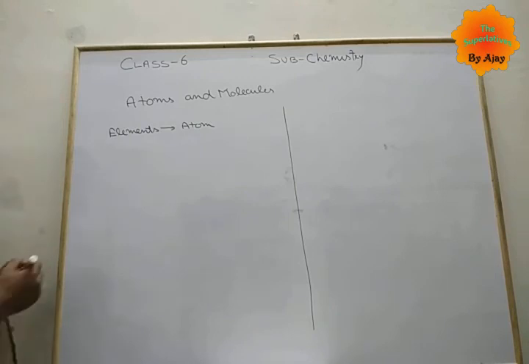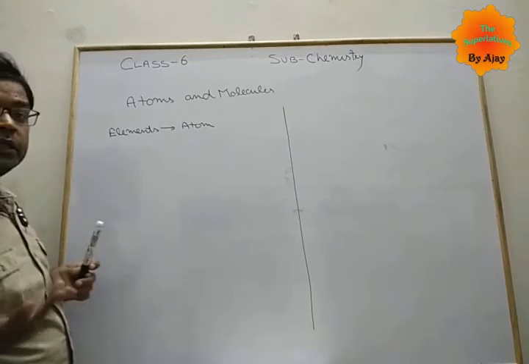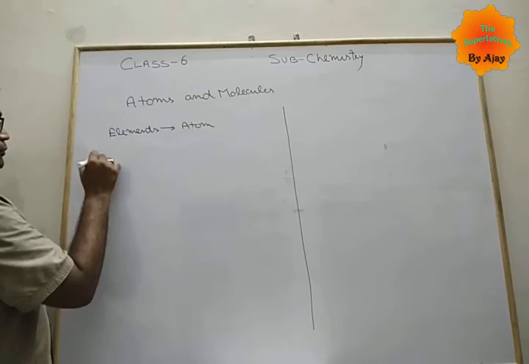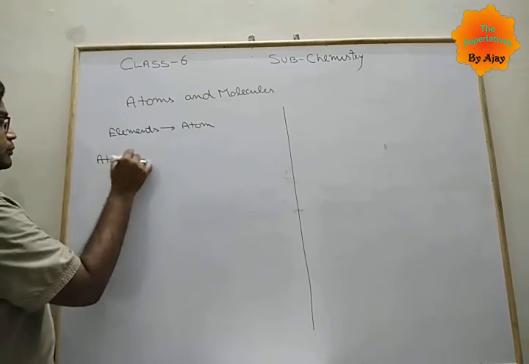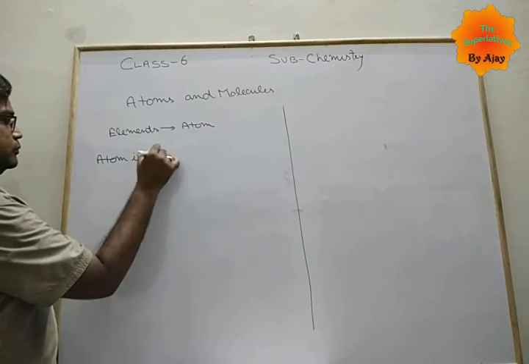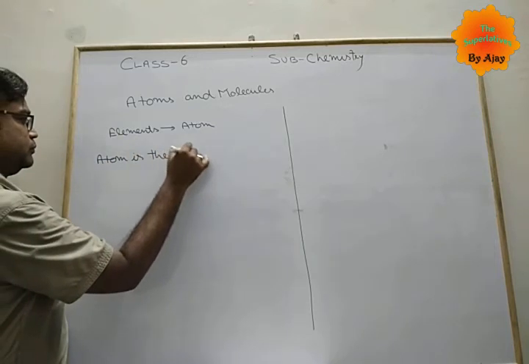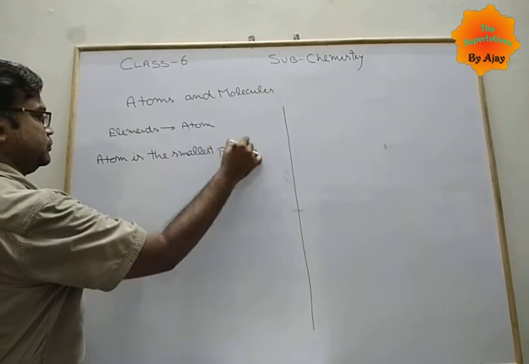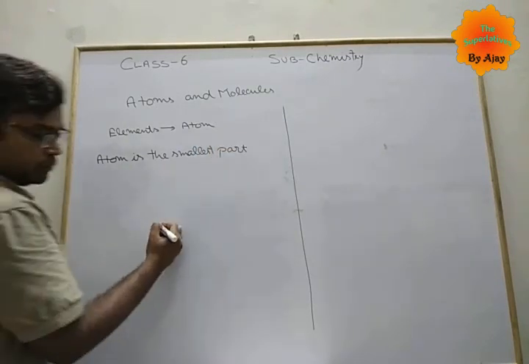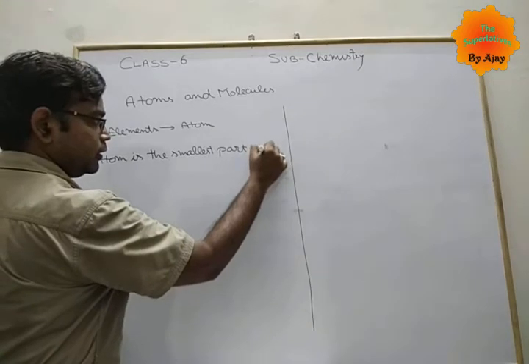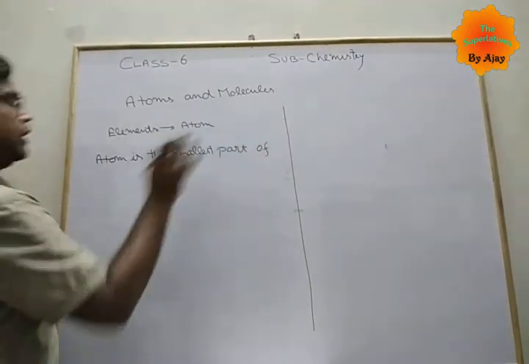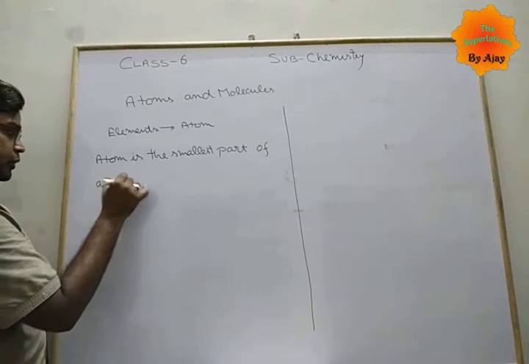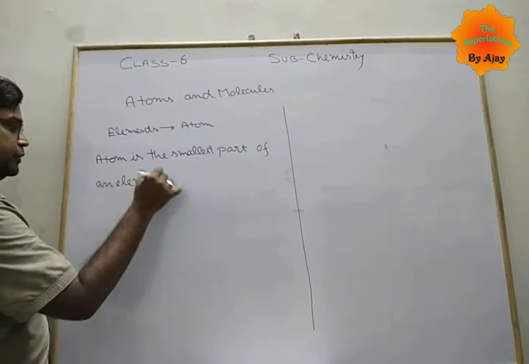So the property of atom. If we say, what is the definition of atom? Atom is the smallest part. Now, this is common for both atom and molecule, but in this case, part of an element. Now, this is a different one.